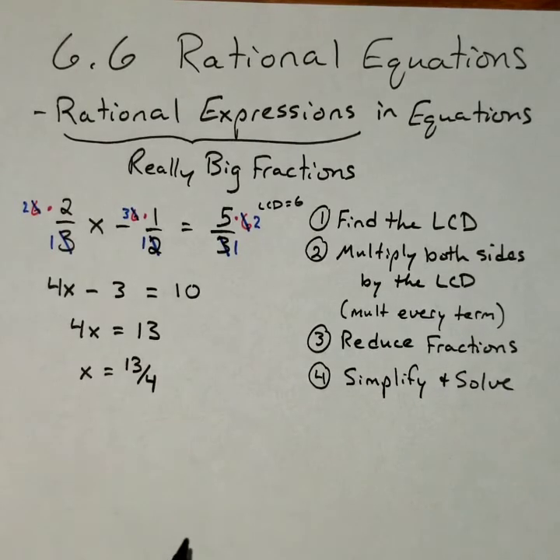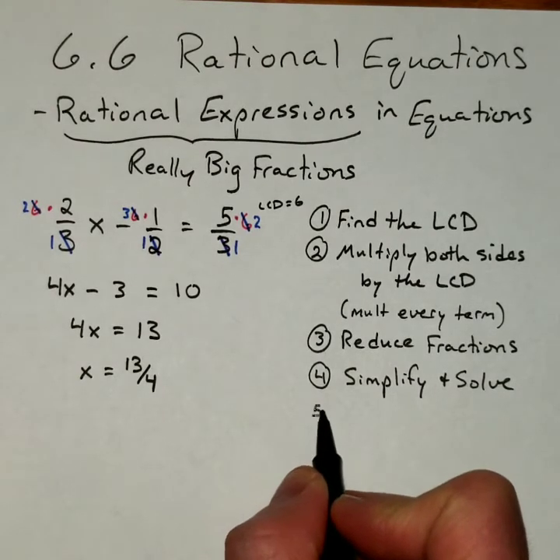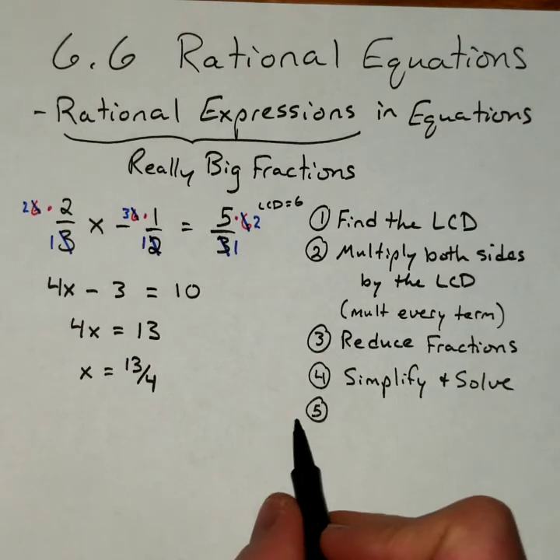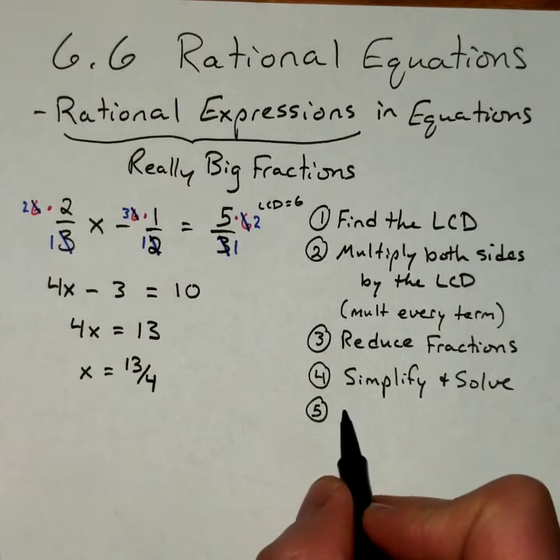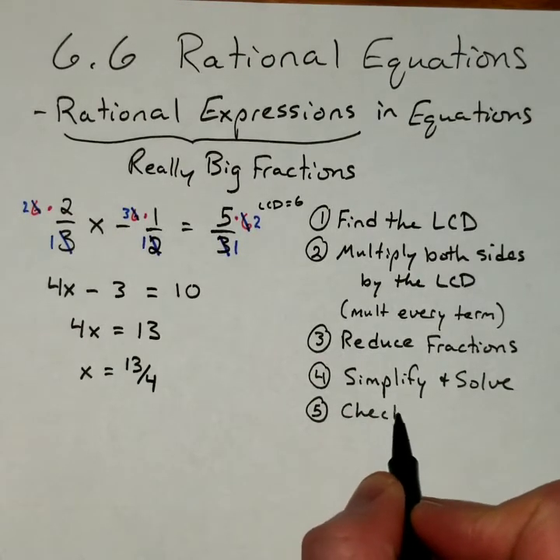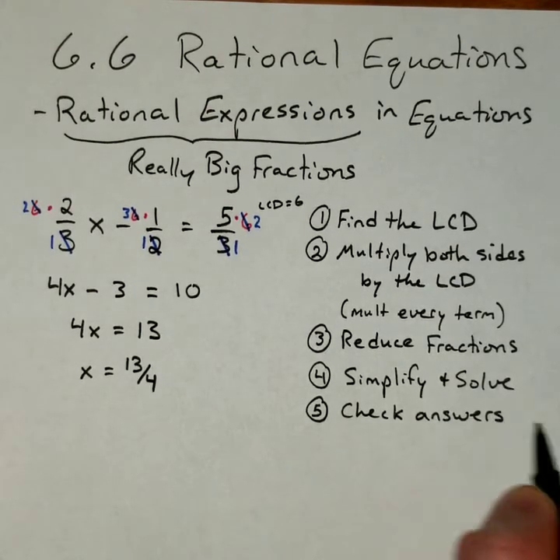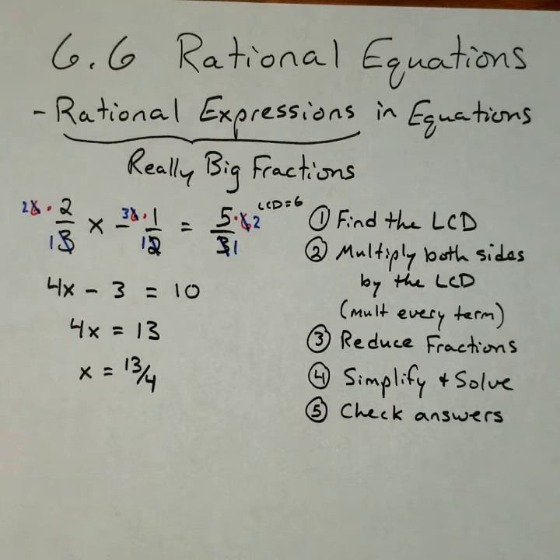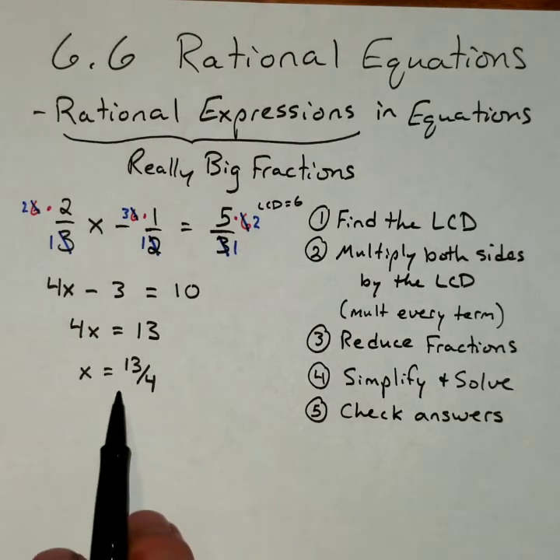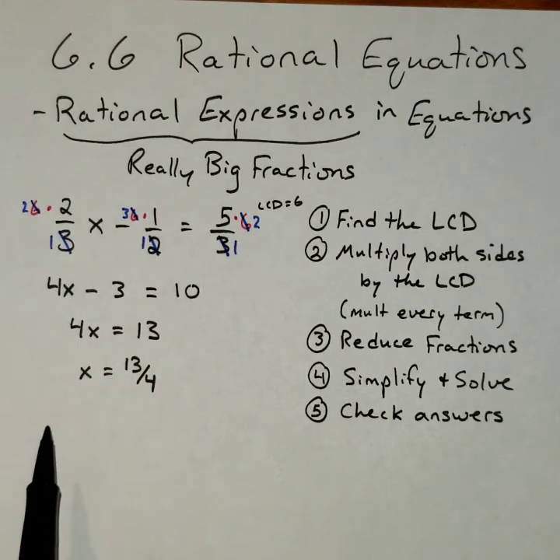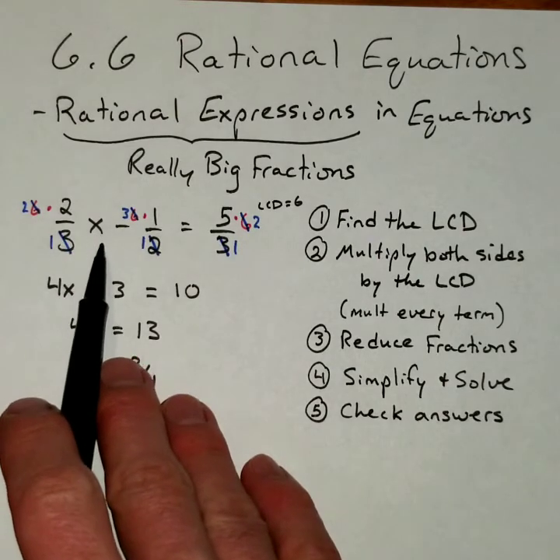Now normally we would just throw that into our solution set and be done with it, but with rational equations we're going to want to be careful. We're going to add a step that I don't always make you do, but I think is going to be very important here, and I'll explain why in a few examples. We're going to check our answers. We don't always do that. We always should, but we're not always careful to do that. Now I could go back and plug the 13/4 in.